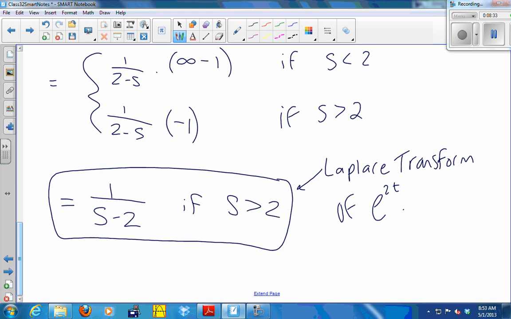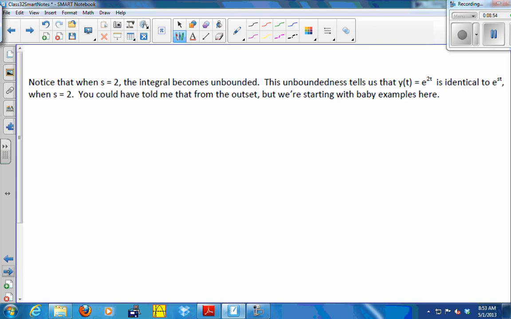So sort of what you said, when s equals 2 is kind of a special case. It's the special case that takes you from convergence to non-convergence, the bifurcation. That bifurcation is when y of t and e to the st are the same. So that's what it says here.